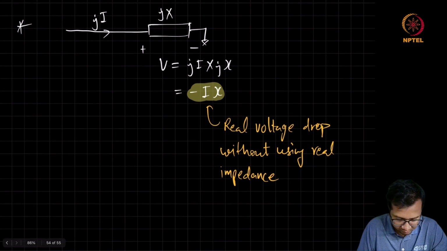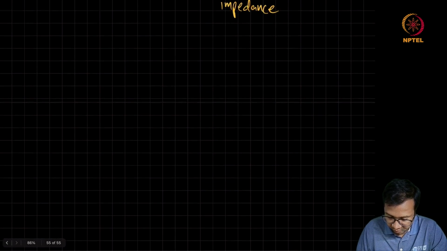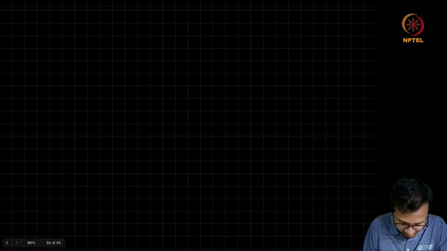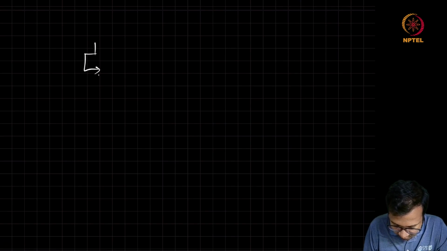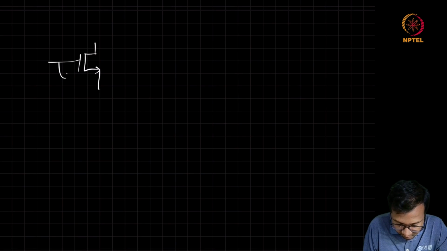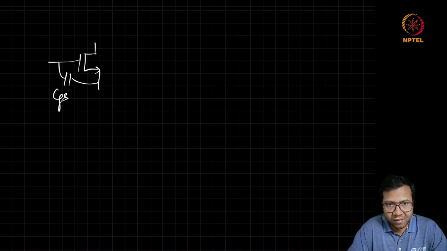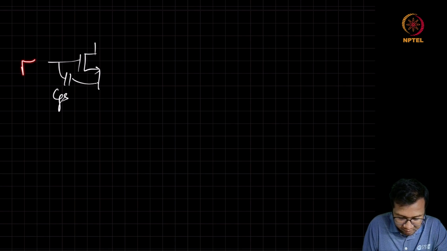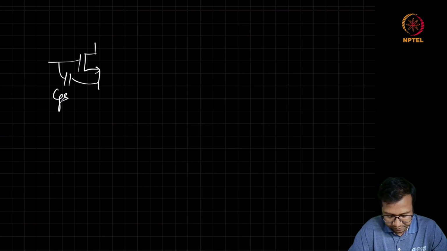Now let's see where this kind of scenario is possible when we are trying to use MOSFET for amplification. So in a MOSFET, we know this CGS is always present, and because of this CGS, the looking in impedance turns out to be capacitive.